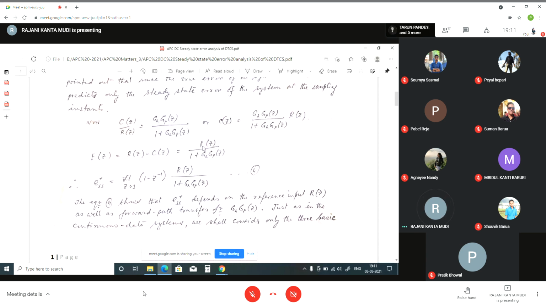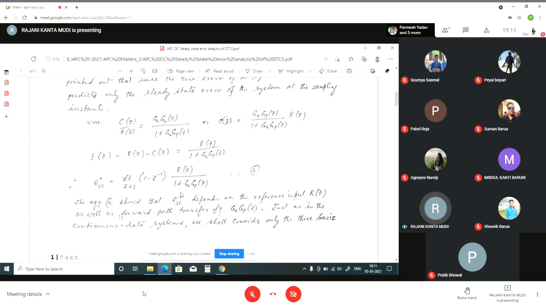Putting the value of C(z), E(z) equals R(z) by 1 plus GhGp(z) after simplification. So the steady state error is the limit as z tends to 1 of (1 minus z inverse) R(z) by 1 plus GhGp(z).